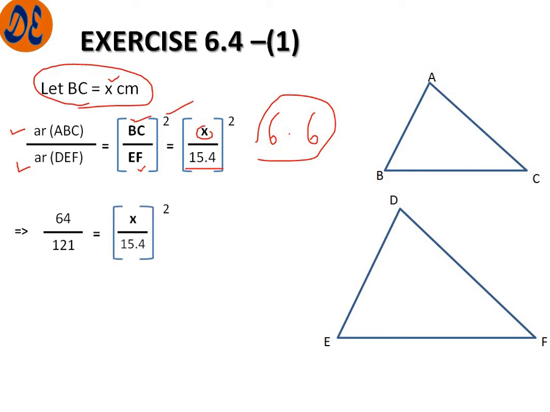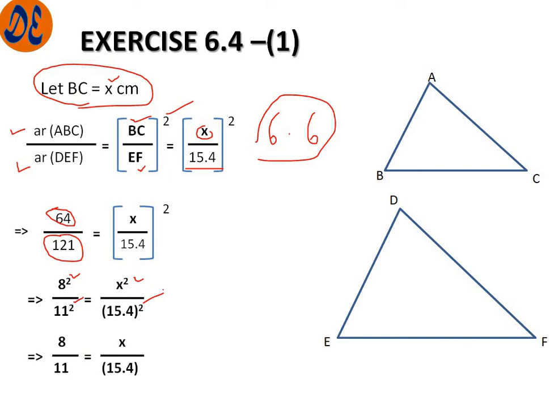Again substituting the values of area, area of ABC is 64 and area of DEF is 121. So equating this, let us convert this one also into a square. Now both sides are squares, so we can remove the square on both sides. Here we will take only the positive value because a negative value is not counted here.